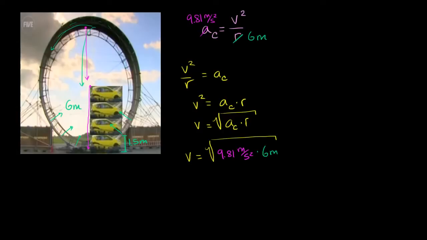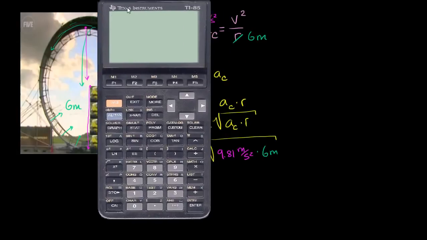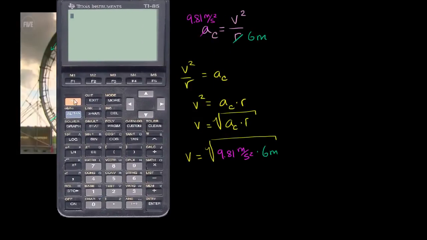But let's get our calculator out to actually calculate this. So we are going to get the principal square root of 9.81 times 6 meters. It gives us, now here's our drum roll, 7.67. I'll just round to 3 significant digits, 7.67 meters per second.